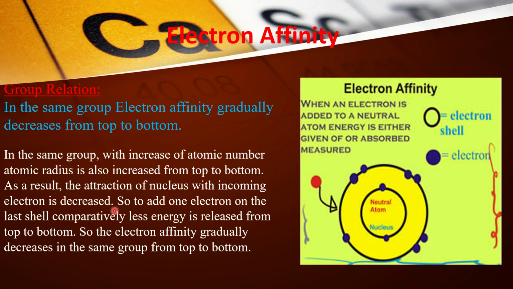So, to add one electron to the last shell, comparatively less energy is released from top to bottom. So the electron affinity gradually decreases in the same group from top to bottom. That means hydrogen has the highest electron affinity and gradually it decreases, and francium has the least electron affinity in the first group.